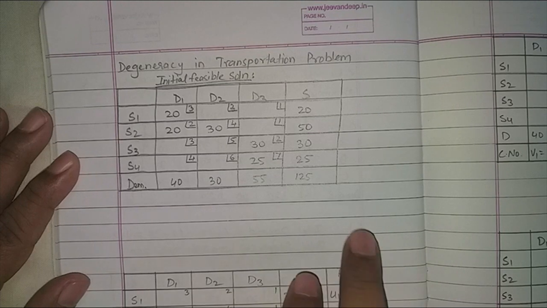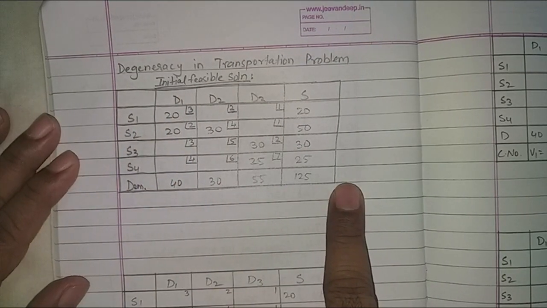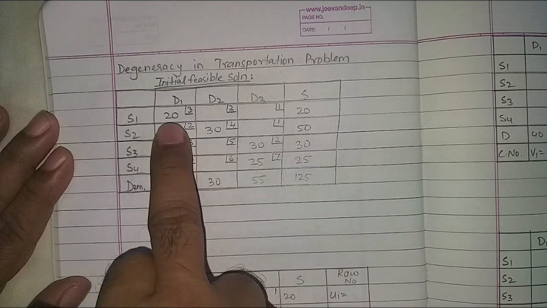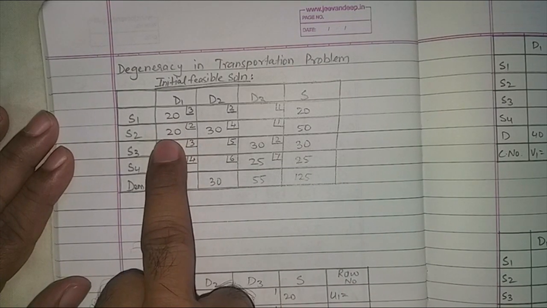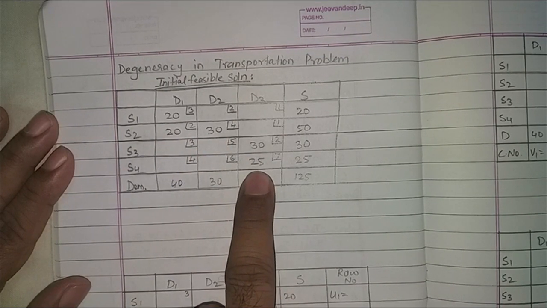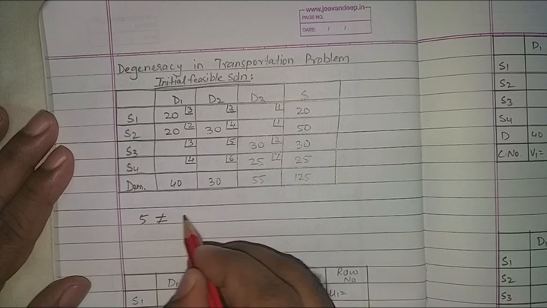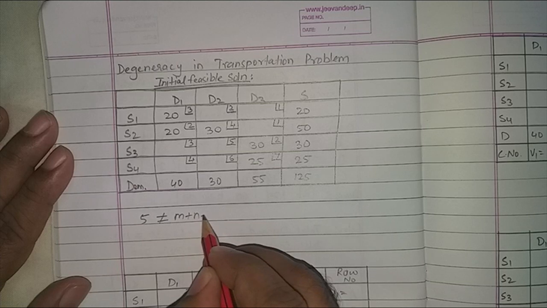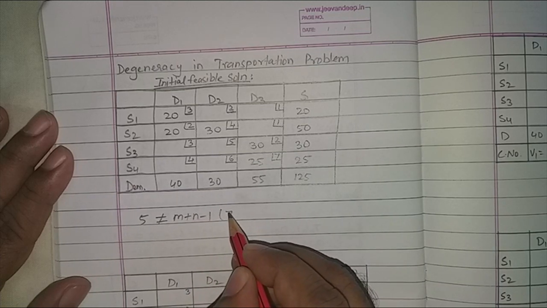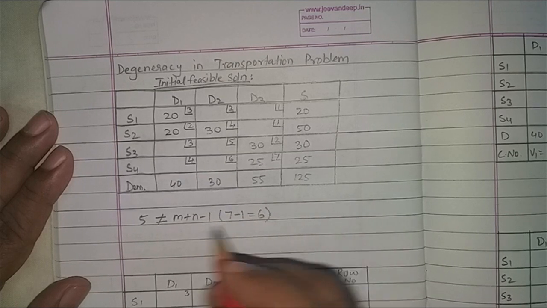For example, I have got one solution here in the example, which we got using the northwest corner. The number of allocated cells is 1, 2, 3, 4 and 5. Now 5 is not equal to m plus n minus 1, which is 7 minus 1, which is 6.